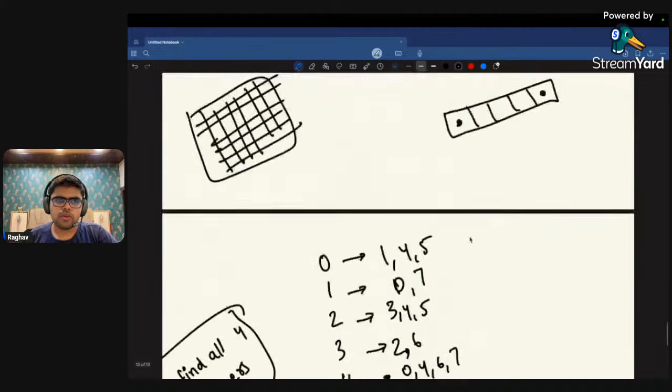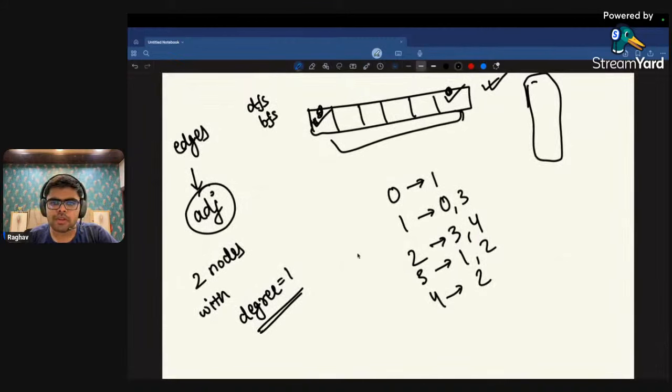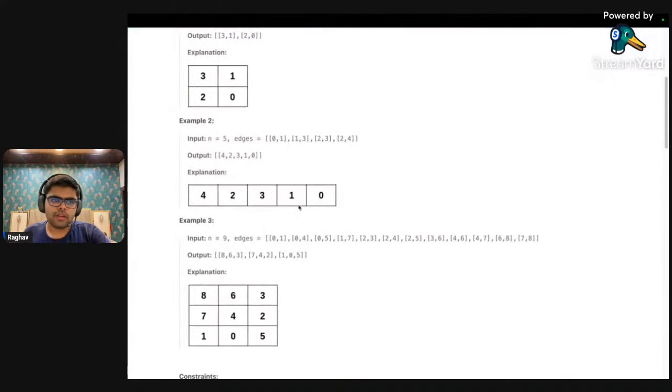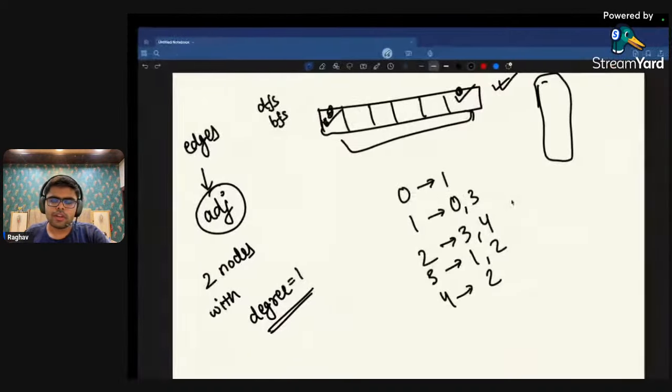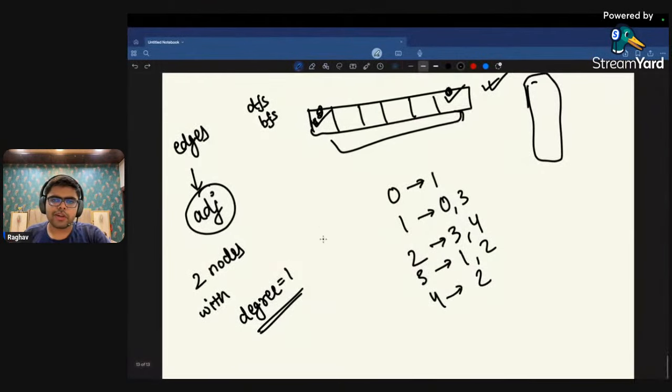Based on the edges, the adjacency list will look like this, where 0 is connected to 1, 1 is connected to 0 and 3, 3 is connected to 1 and 2, 2 is connected to 3 and 4, and 4 is connected to 2 only.